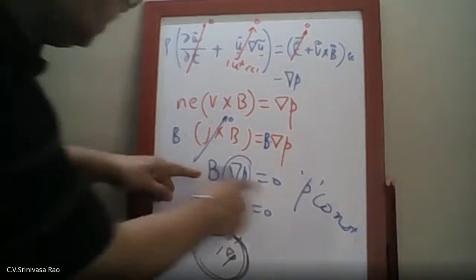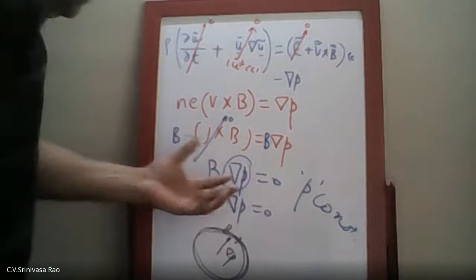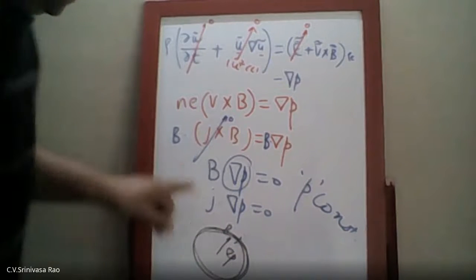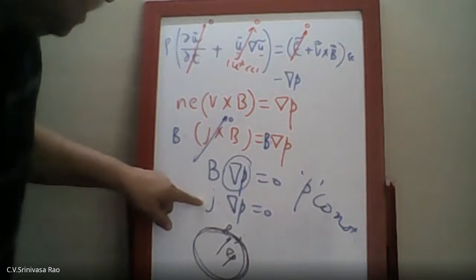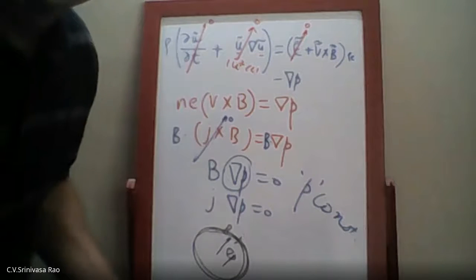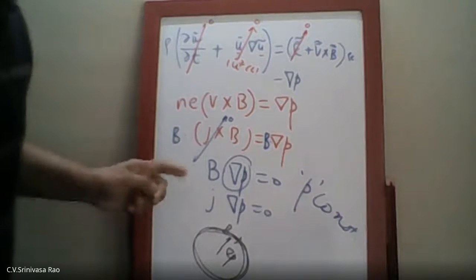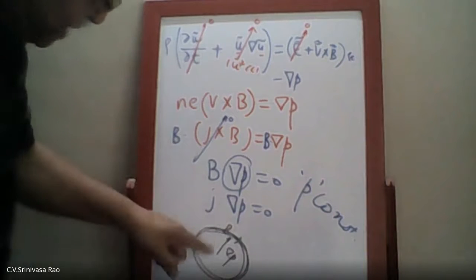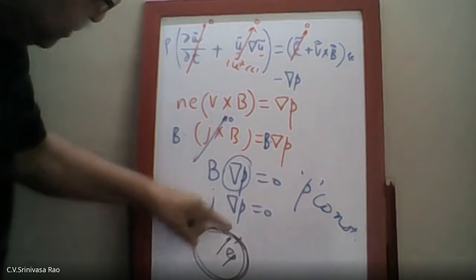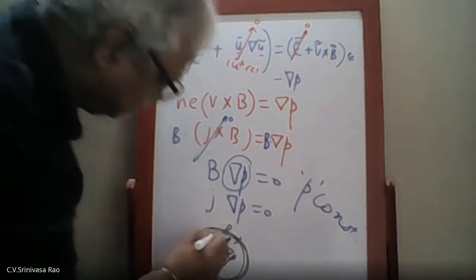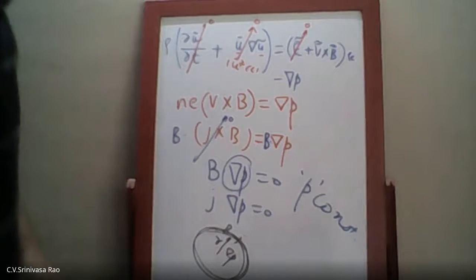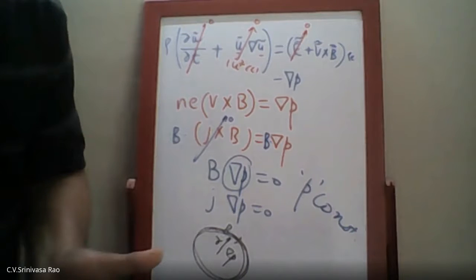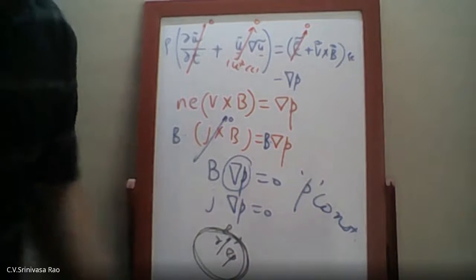Because this quantity is 0, both the quantities are on the surface. So basically, B and J are surface quantities. They are on the surface of the plasma, whereas gradient of pressure is this way, in the radial direction. So therefore, what you are forming is basically magnetic surfaces on which pressure is constant.